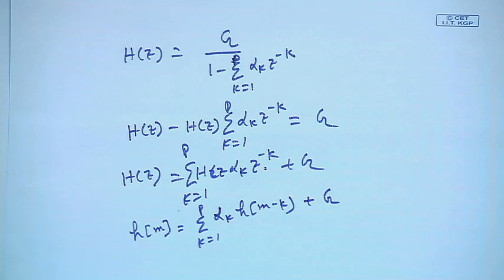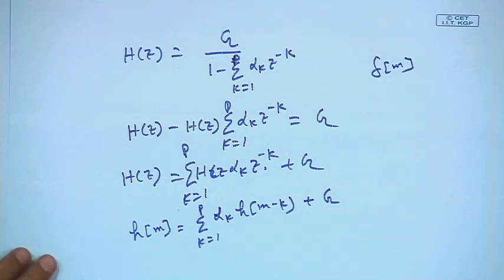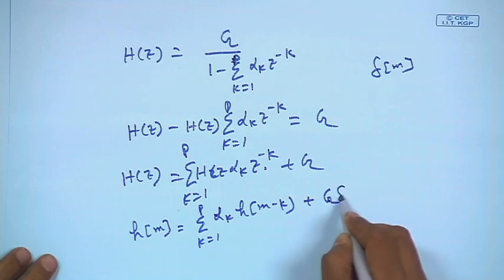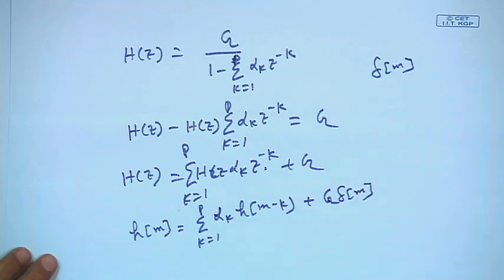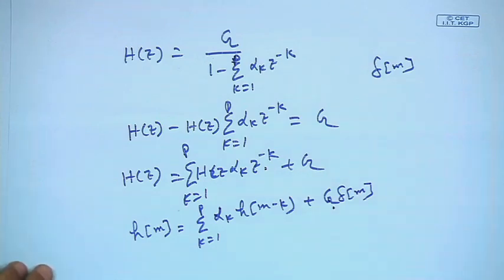If I say my input of the system is a delta function, I can say the g is nothing but the gain with a delta function. At m equal to 0, only g exists, which is the gain.